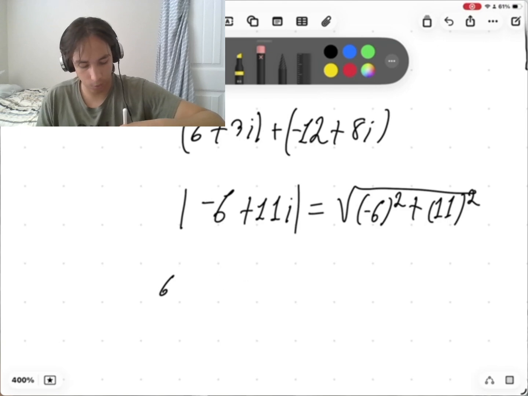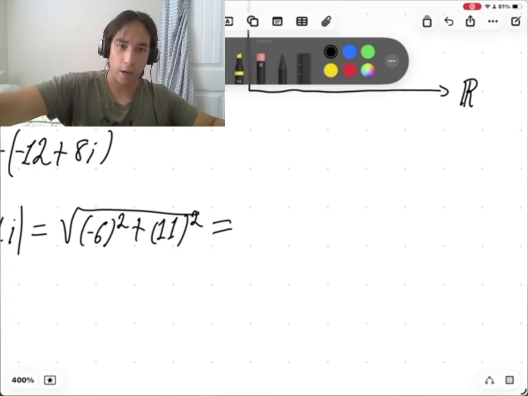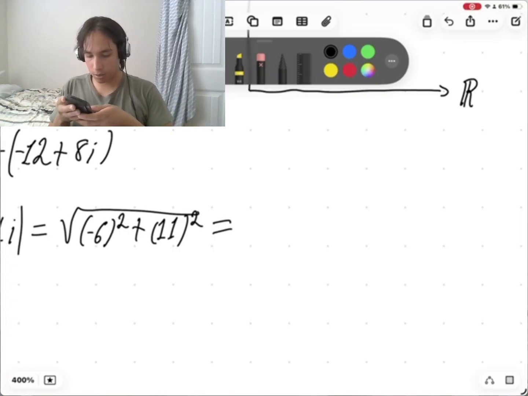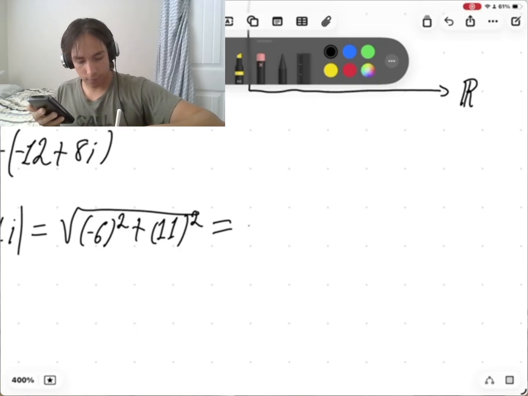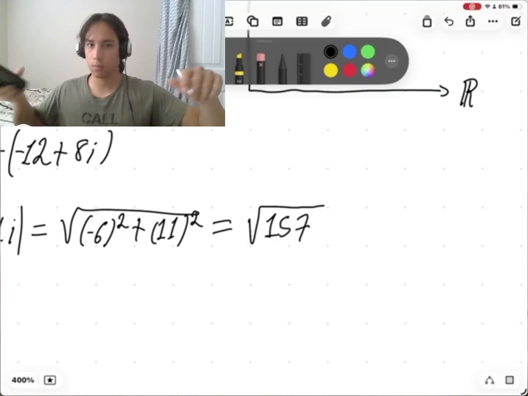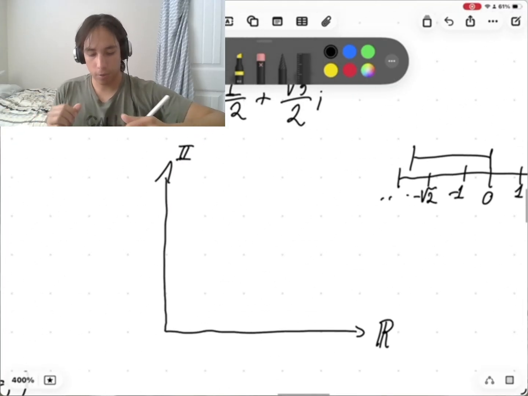If we use our handy dandy calculator, the square root of 6 squared plus 11 squared, we get the square root of 157. You can do the math yourself.